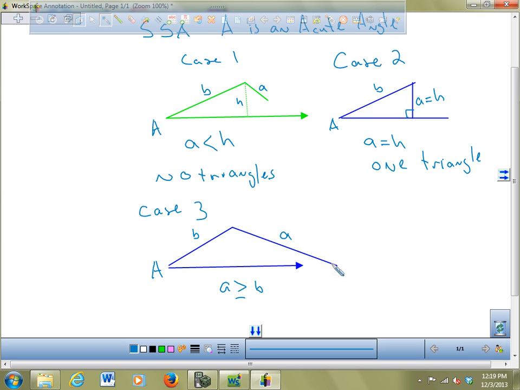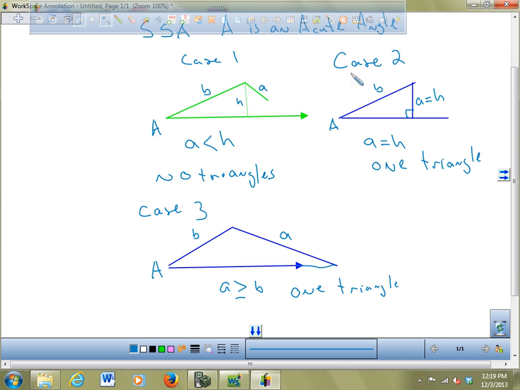If A is bigger than B, could I swing this side over here to make another triangle? No, because, or even if it's equal to, I couldn't swing it over here and make another triangle. I could make an isosceles triangle, right? But I couldn't make another triangle. So if A is bigger than B, then you have 1 triangle. Okay? So if I were to extend this side over here, I would have 1 triangle going like over here.